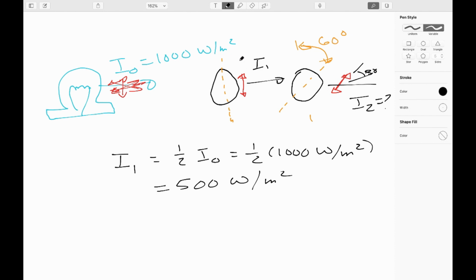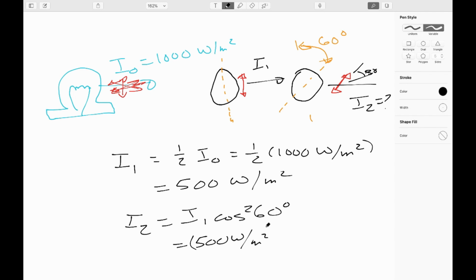And what's going to count is the angle between the polarization axes, which in this case is 60°. So we can say that I2 will be equal to I1 times cosine squared 60°. That will be 500 watts per square meter times cosine squared 60, where cosine of 60 is 1/2.